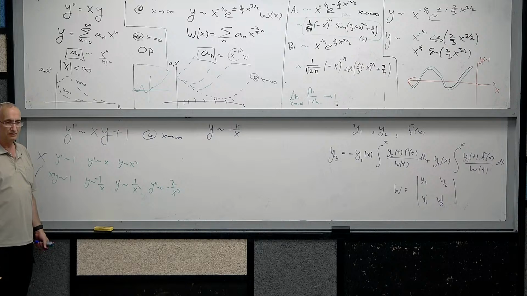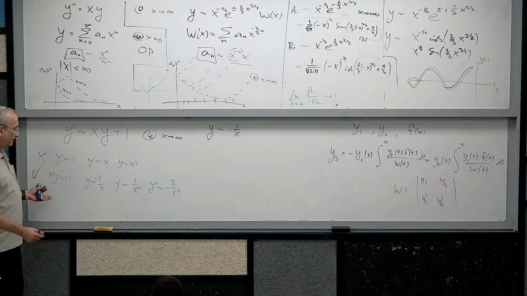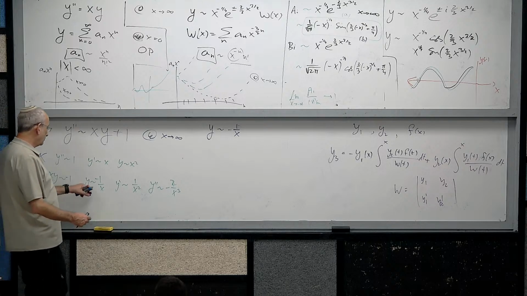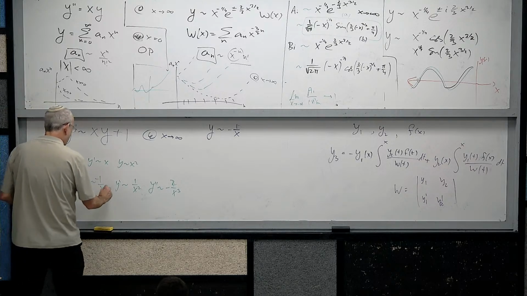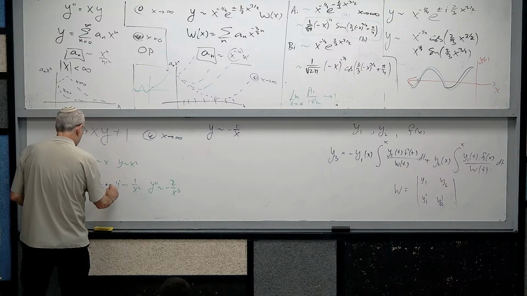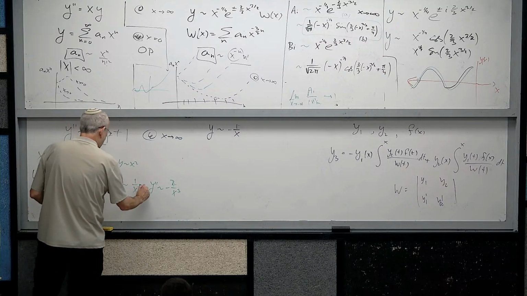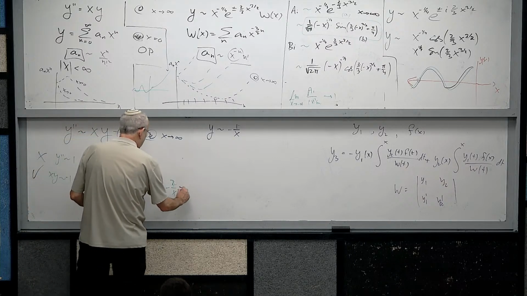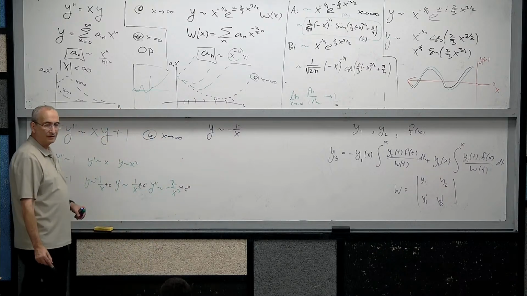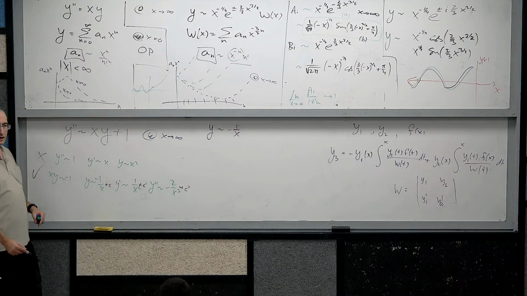What should I do? I should write y as minus 1 over x plus c. I would write this plus c prime, and I would write this plus c double prime. And I will plug again in this equation.